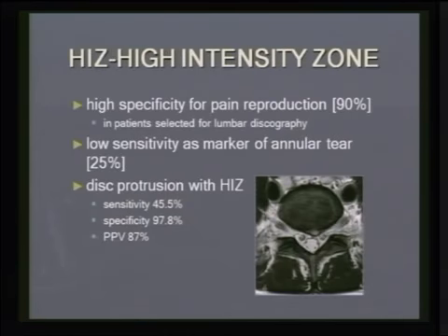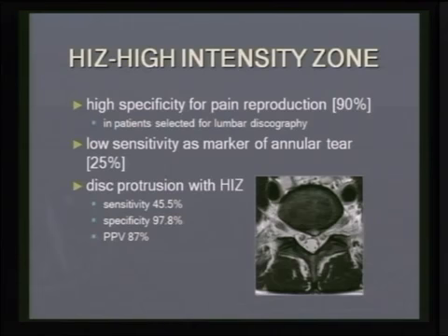As far as this relationship to pain is concerned, the initial studies were all performed on patients who had been referred for lumbar discography. So this was a very select patient group, which led to a marked bias in the results. It's shown to have a very high specificity for pain reproduction at discography, around 90% or more. But we found that it has a very low sensitivity as a marker of an annular tear.